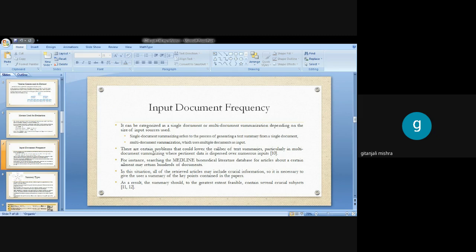From there, it is very difficult to find crucial information. So as a result, the summary should be, to the greatest extent feasible, one which contains several crucial subjects.